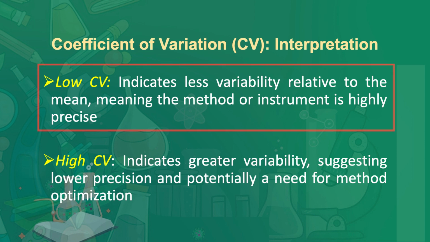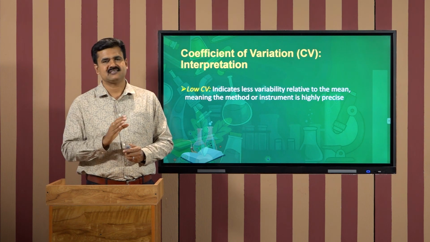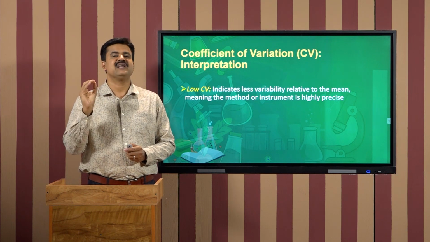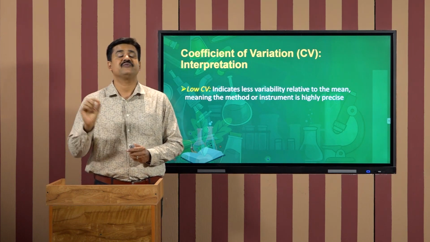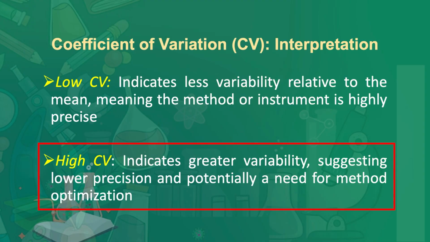A low CV value indicates less variability relative to the mean, meaning the method or instrument is highly precise. So, for an experimental measurement to be more precise, it should be associated with a low value of coefficient of variation, and a high value of coefficient of variation indicates greater variability, suggesting lower precision and potentially a need for method optimization.